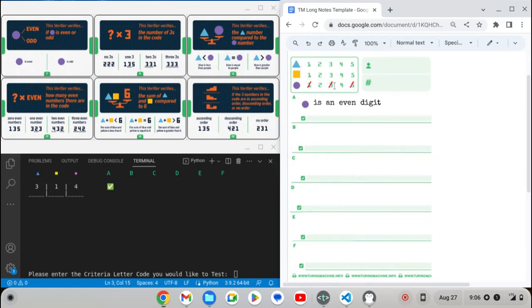We do already have a single even. Just trying to see what would be a good criteria card to test. Yeah, let's go ahead and test criteria card D, the number of evens.